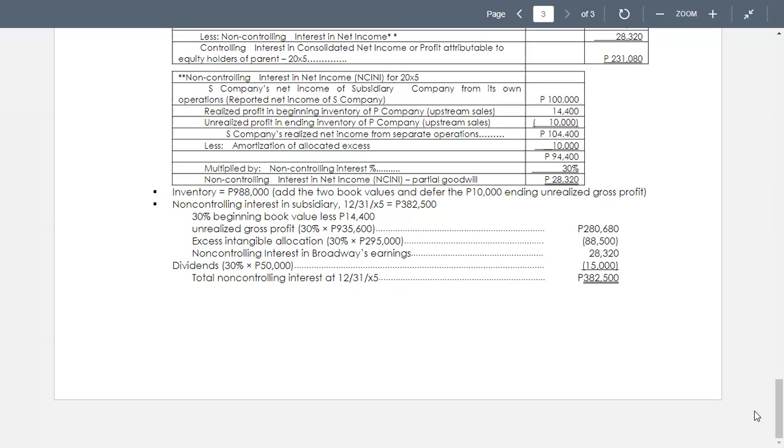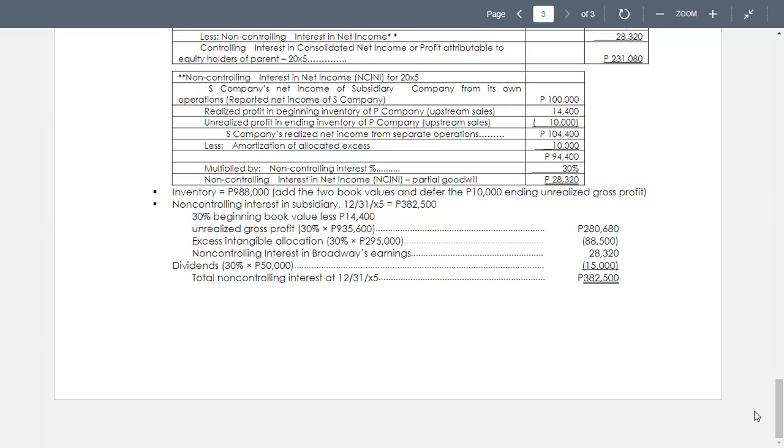Upstream sales, sales from subsidiary Salad to parent. Salad, 396,000 times 20 over 120, since Salad is selling at 20% above cost, and this is an upstream sale. That's how we get 66,000.